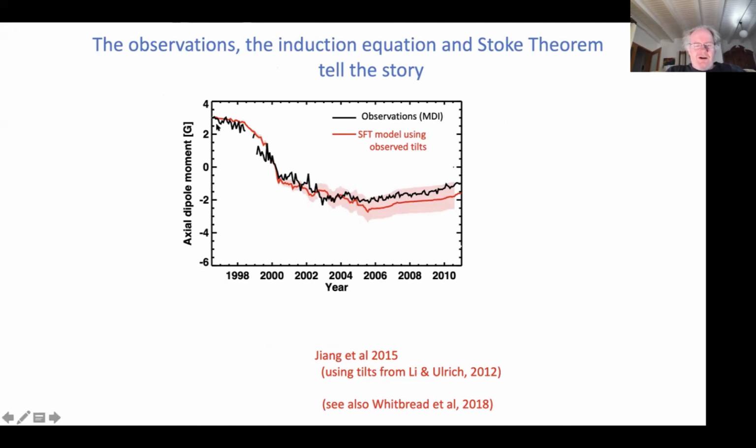If you put all the observations in, the model reproduces the changes in the total field we see. However, even if you look at this, you can see that it's not a simple smooth curve. The random noise is playing a big impact. And so we did this. Jay has done it, for example, at the MPS, but other groups such as Whitbread et al. have also reproduced the basic observation.